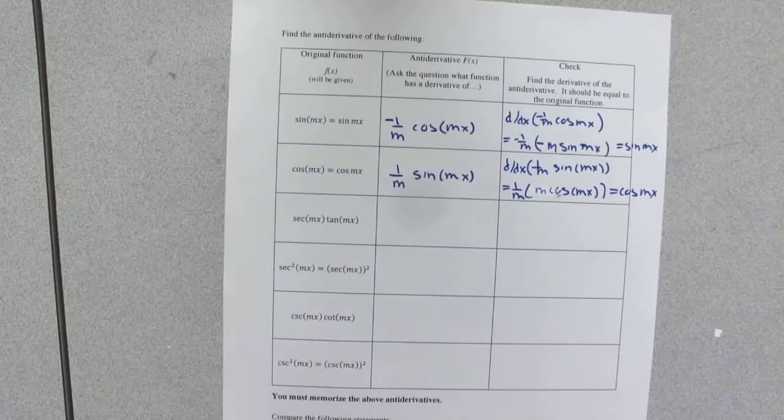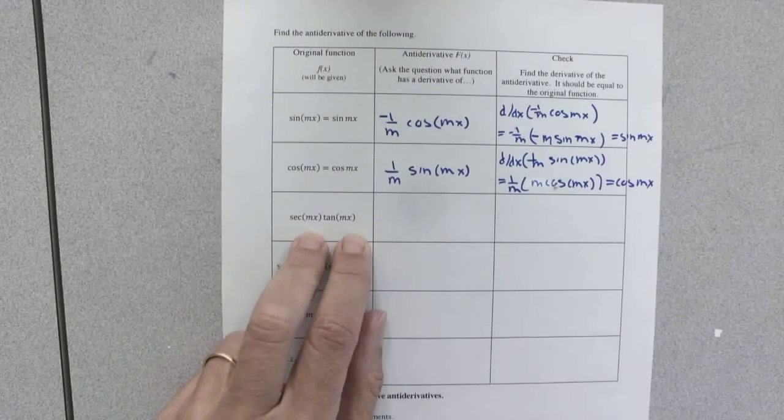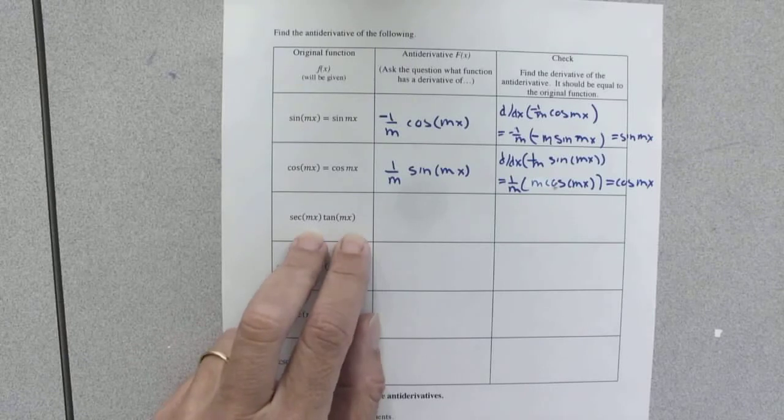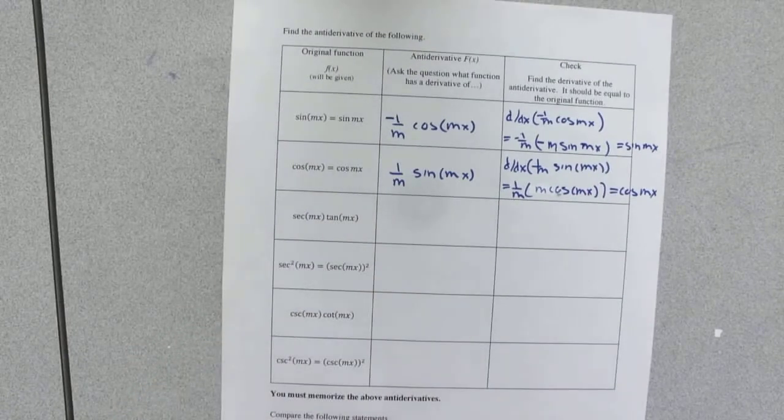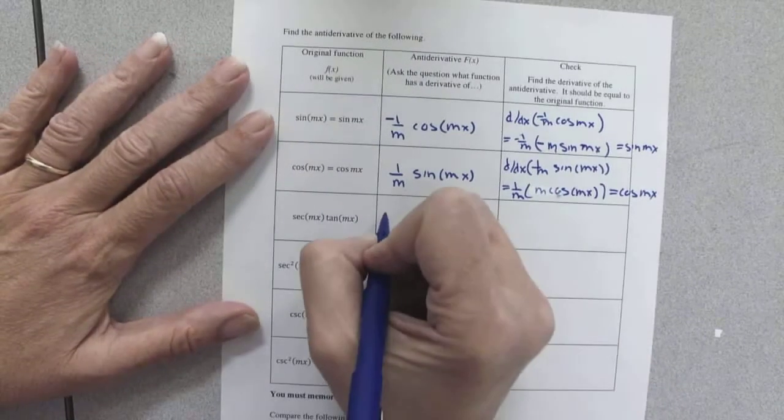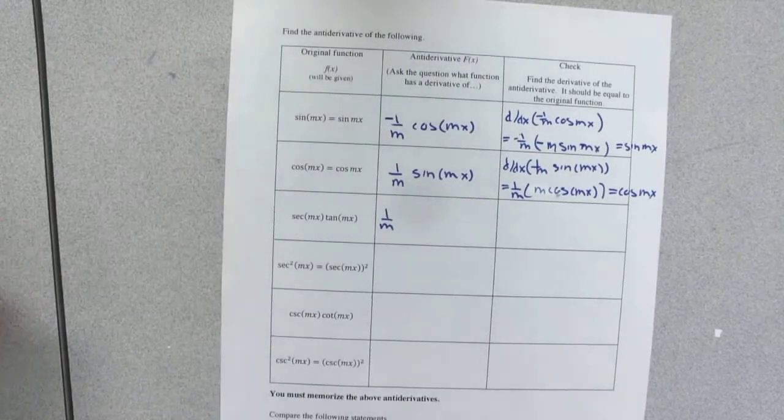And so you just memorize that when I'm doing anti-differentiation and I'm doing my trig, and I have a linear argument, mx plus b, the effect of that slope is dividing by the slope. So 1 over m. Then you can just concentrate on what has a derivative of secant tangent.